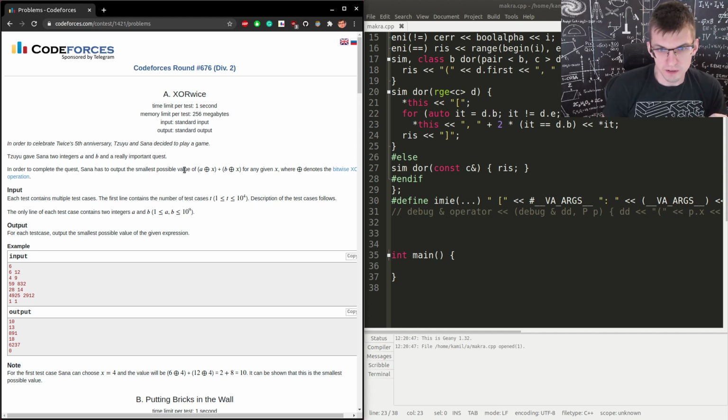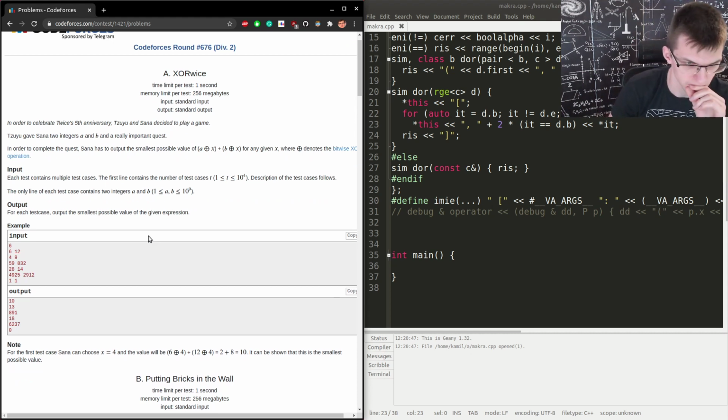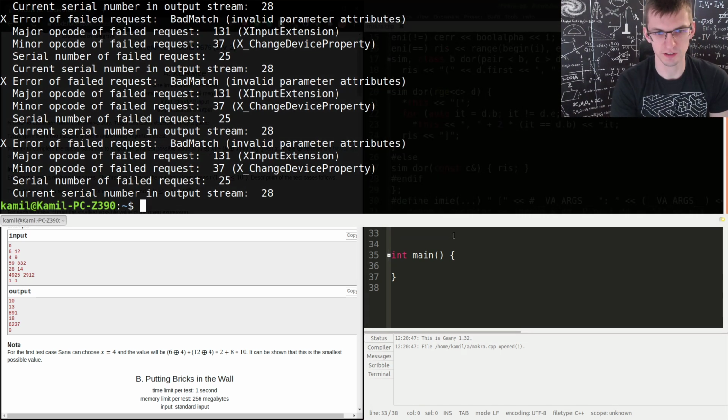Smallest possible value of this. So for every bit, if possible, XOR both things. Should I just print XOR of A and B? That's interesting.